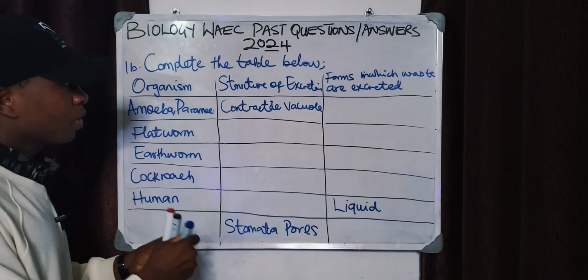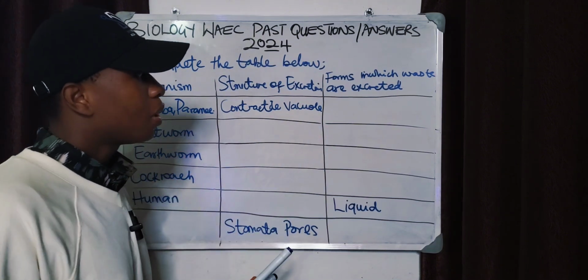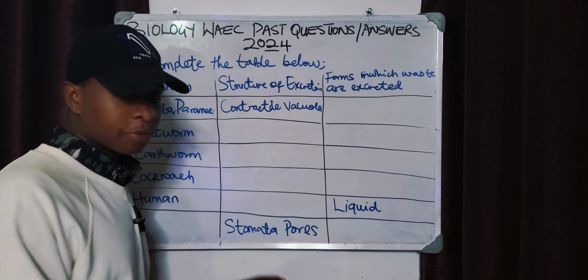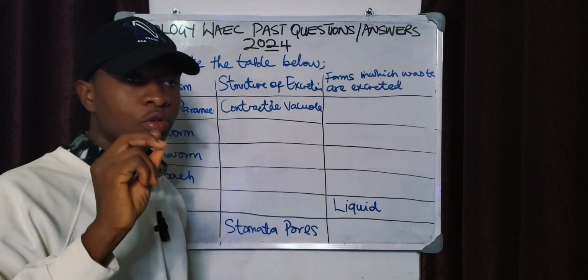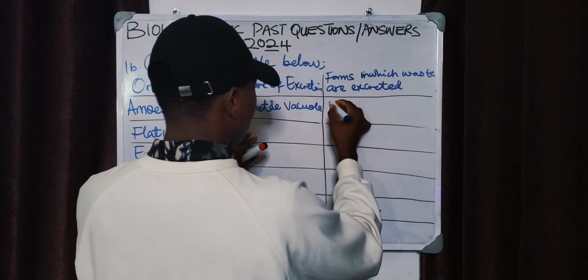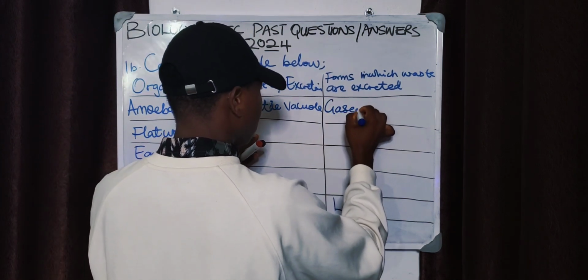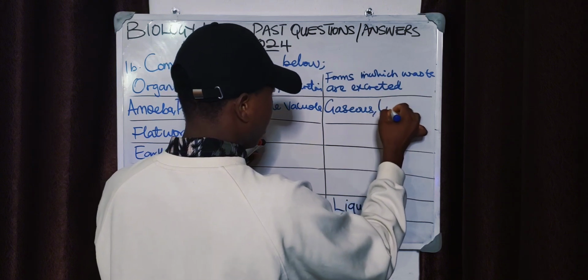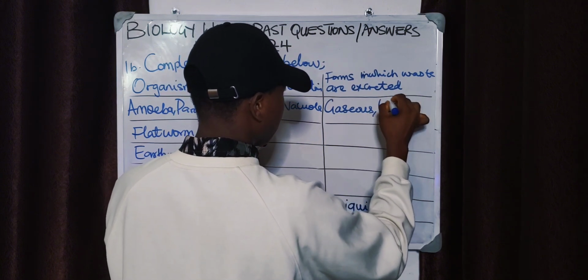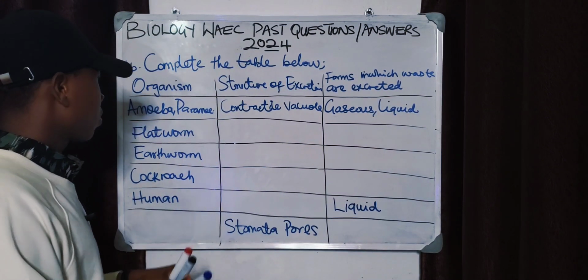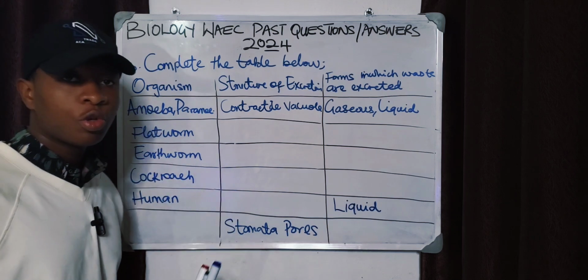Now, in what form are the wastes excreted? It is excreted in two forms: gaseous and liquid. Gaseous and liquid. All right. Now, flatworm. What is the structure of excretion?